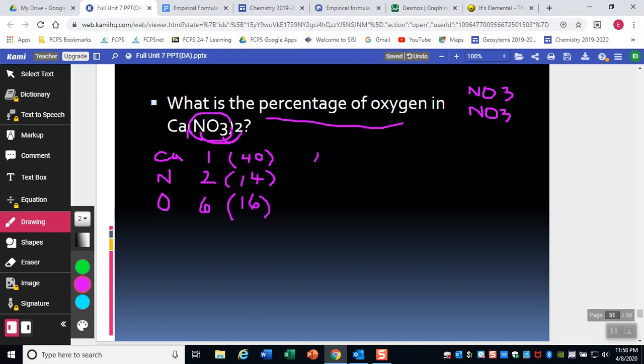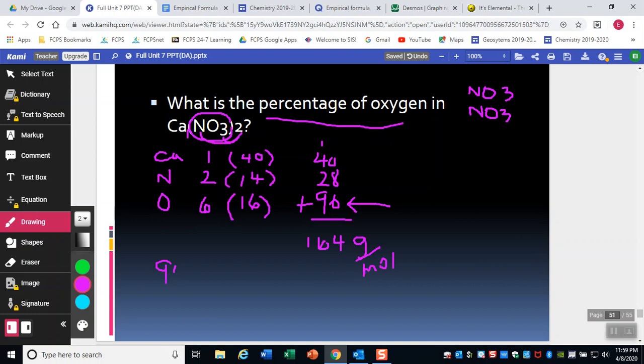We'll multiply. 1 times 40 is 40. 2 times 14 is 28. And 6 times 16 is 96. And I'm going to add them together. So that would be 164 grams per mole. All right. And so now it says percentage of oxygen. So here's my oxygen, right?